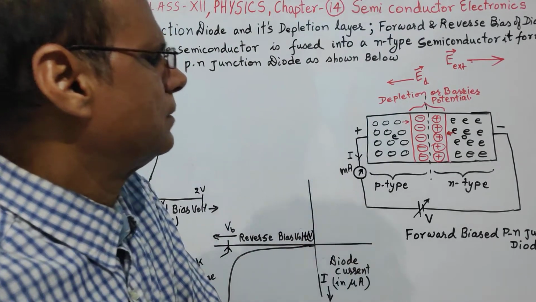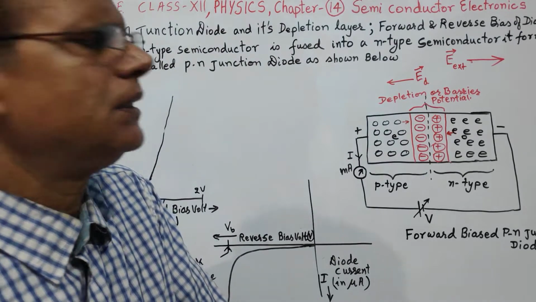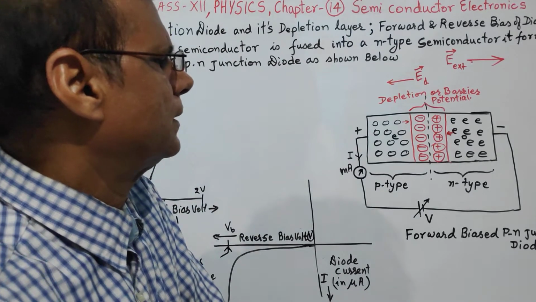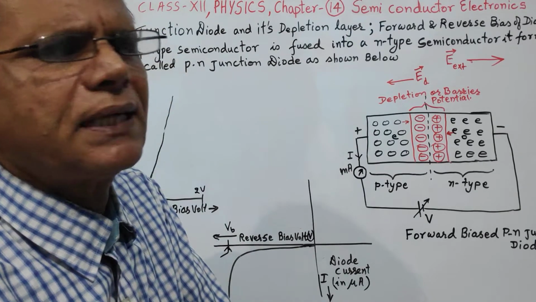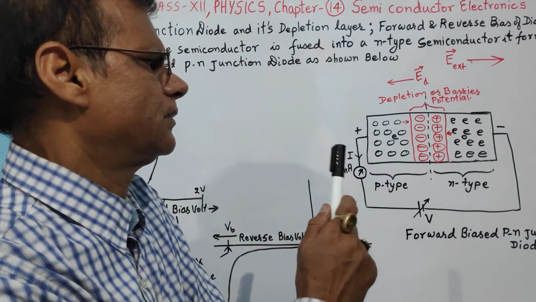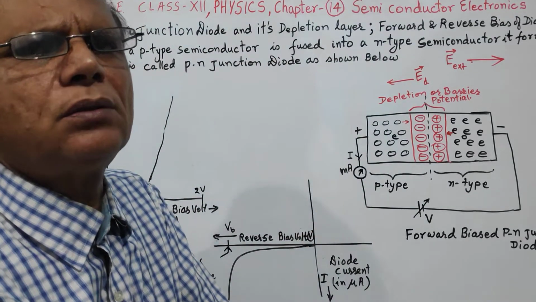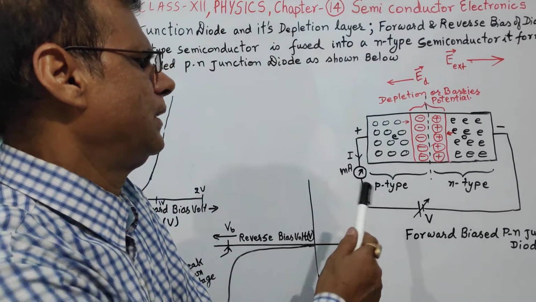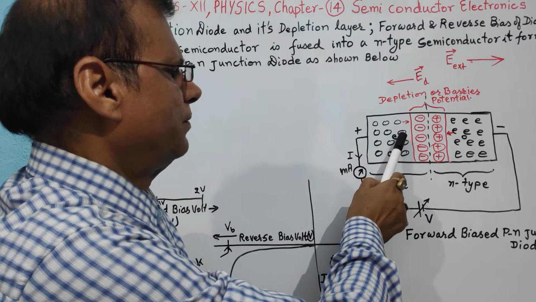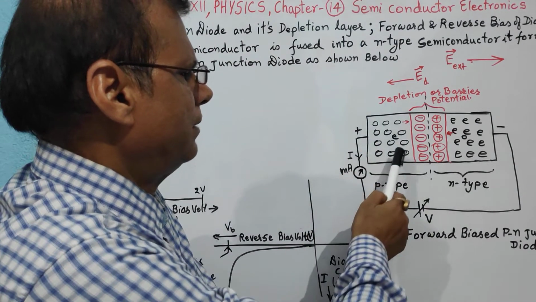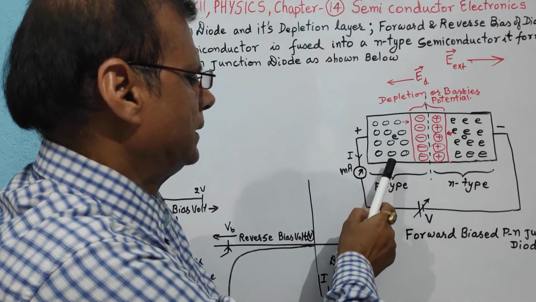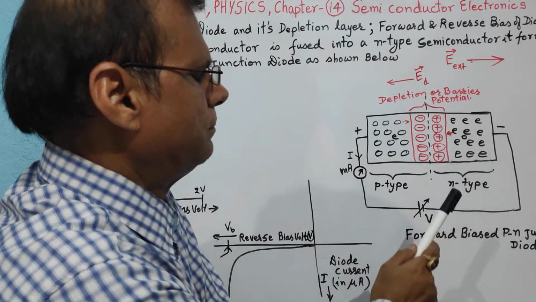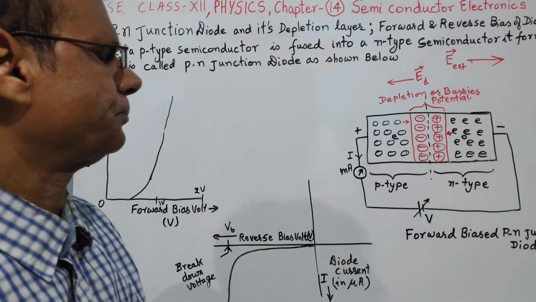Now, apart from the majority charge carriers, there are a few minority charge carriers as well created at room temperature, because when a material is kept at room temperature, what happens? Some of the bonds are broken, and electron and hole pairs are released, and these create equal numbers of electrons and holes. So we have some electrons as minority charge carriers in p-type semiconductor, and we have some holes in n-type semiconductor as minority charge carriers.